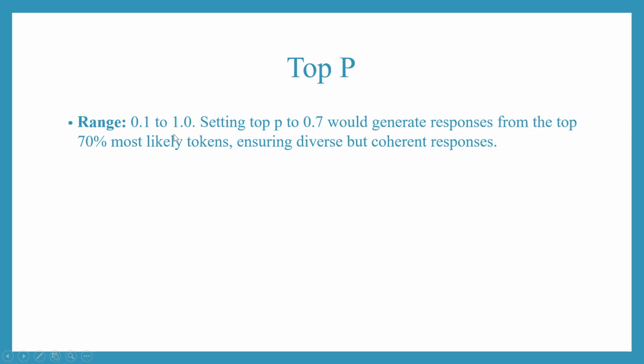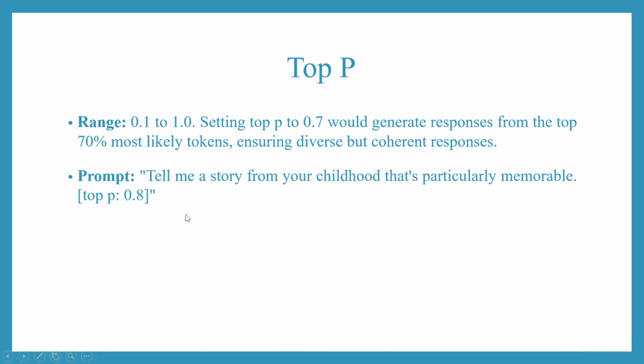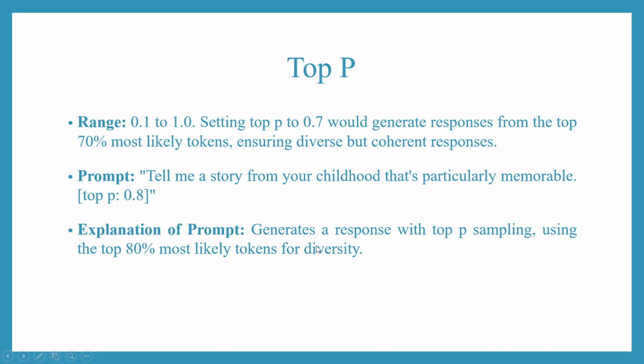Range 0.1 to 1. Setting top P to 0.7 would generate responses from the top 70% most likely tokens, ensuring diverse but coherent responses. The prompt is: tell me a story from your childhood that's particularly memorable. Top P is 0.8. Explanation of the prompt: it generates a response with top P sampling using the top 80% most likely tokens for diversity.